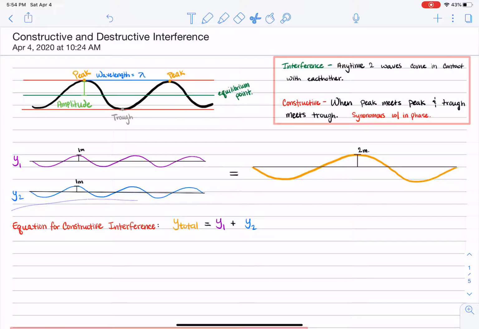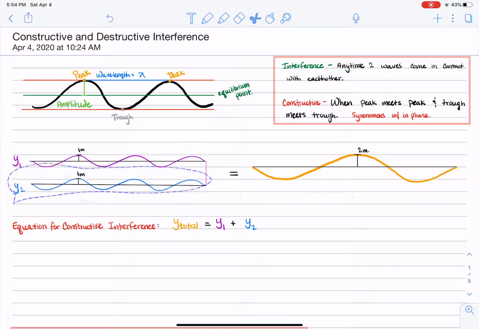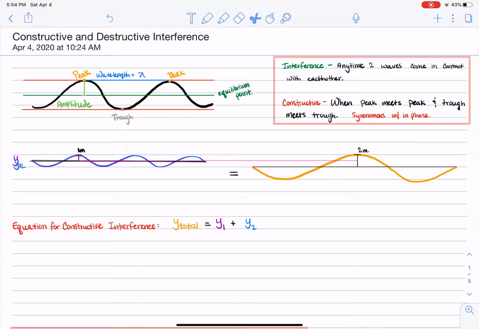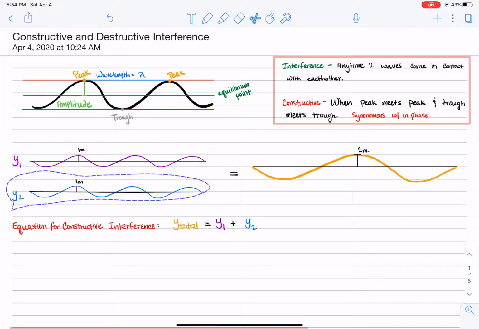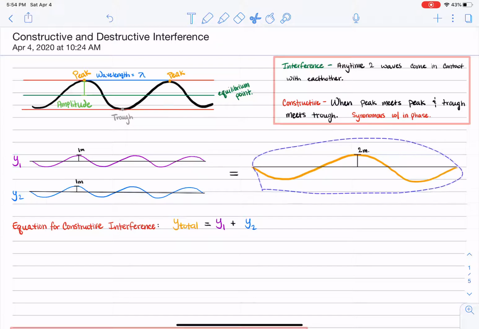So right here, this blue wave and purple wave, known as Y1 and Y2, if we were to bring those two together and they were laid on top of each other correctly, just like that, we would get an additional property between the two, where the 1 meter and 1 meter amplitude of the two waves, again, 1 meter here and 1 meter there, we would get a 2 meter amplitude wave over here.